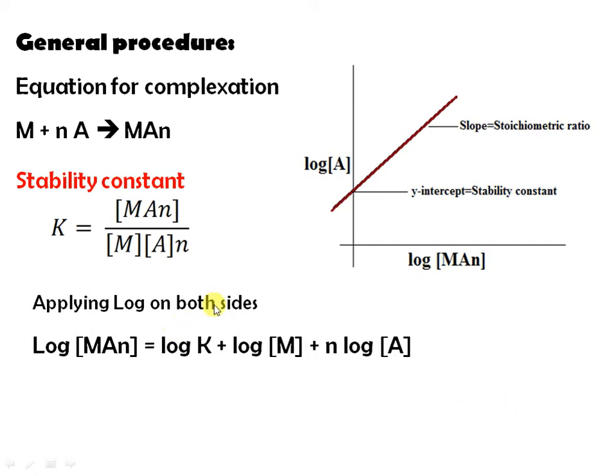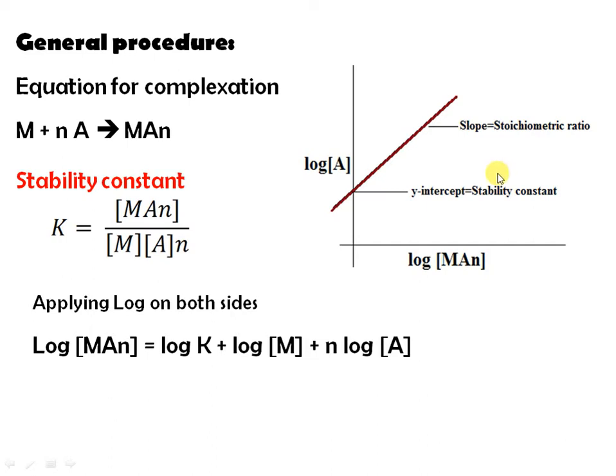When you plot log A versus log MAN, you will get this type of graph. Then the y-intercept of your graph will represent the stability constant value of your complex, while the slope of this graph will give you the stoichiometric ratio.